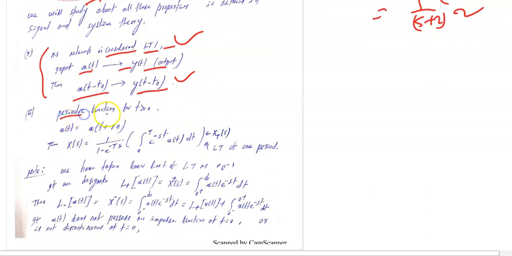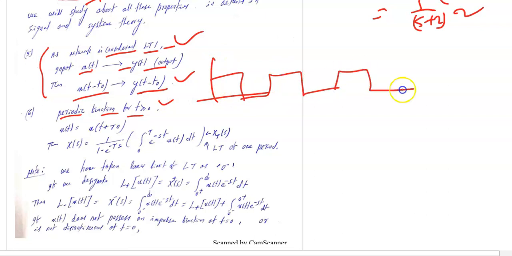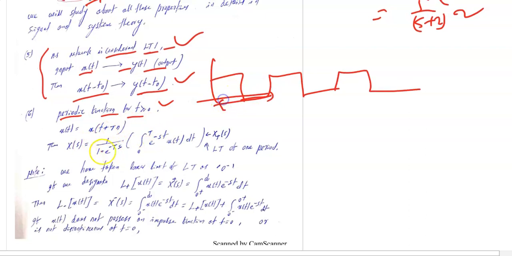Then the periodic function for t greater than or equal to 0, a right-sided periodic function we can say. So obviously there will be a period.